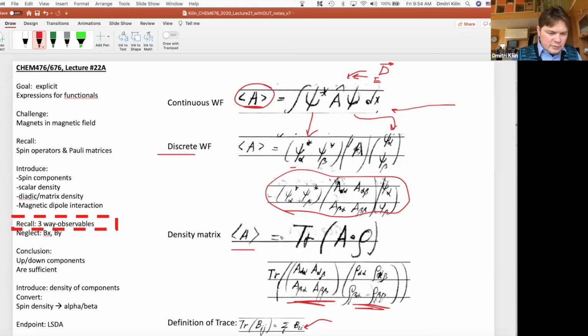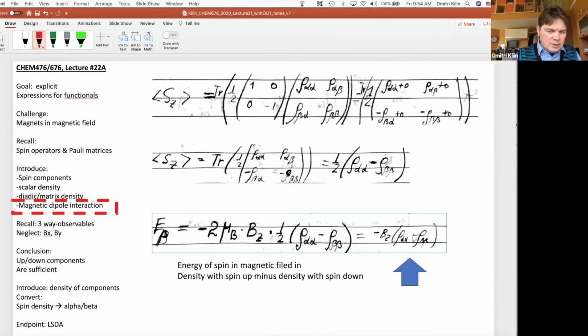Now I'm going to practice it for our spins and their contribution to spin density. So if I look at the expectation value of the SZ projection, I take the SZ operator and this combination of densities as a 2 by 2 matrix and perform this row by column operation.